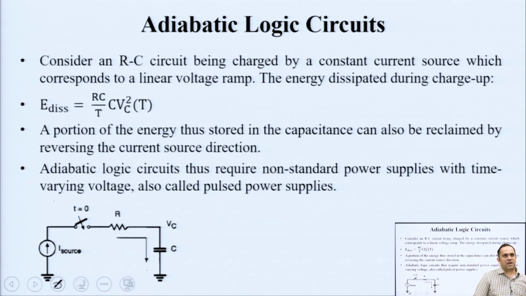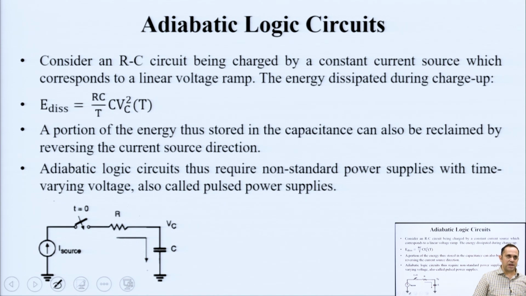A portion of the energy stored in the capacitance can be reclaimed if you reverse the direction of the current source. In a ramped voltage source, on the upgoing ramp you might be charging. On a downwards ramp, a ramp with a negative slope with respect to time, you might actually be sending some power back.